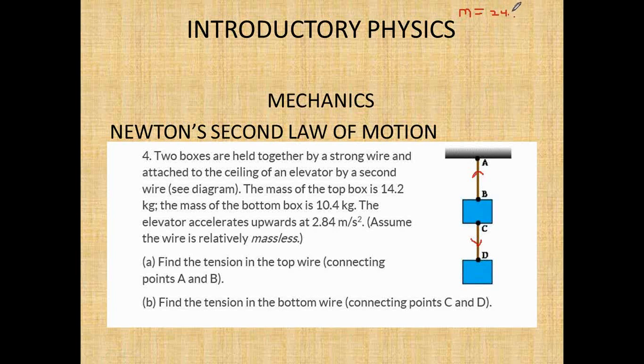And so the force due to gravity for this is going to be downward for both boxes. Again, the force due to gravity is the mass times the acceleration due to gravity.